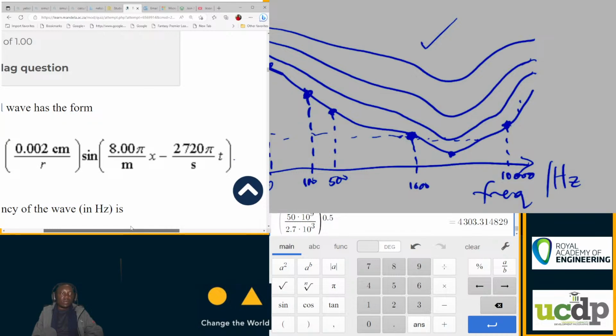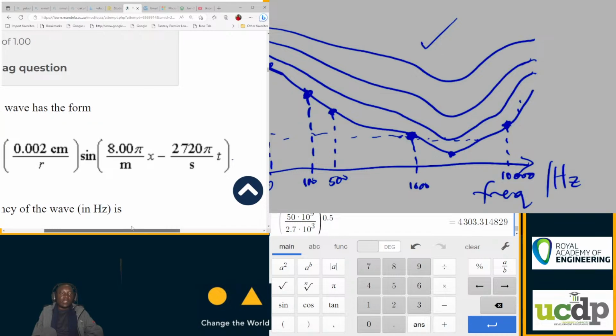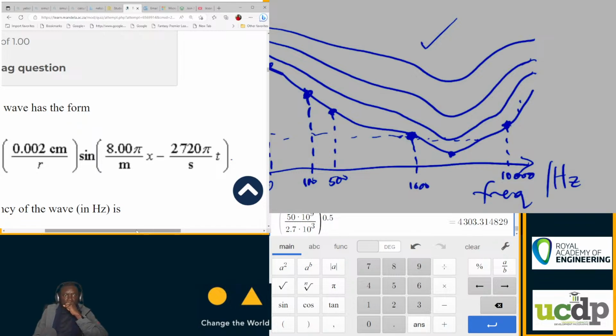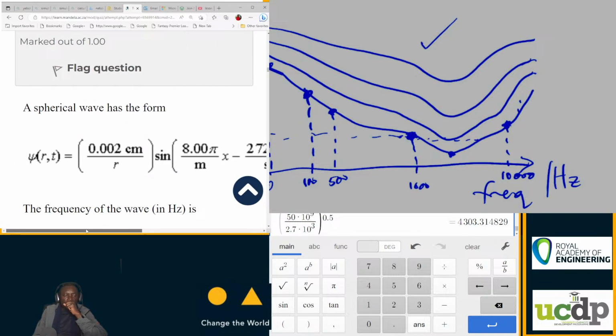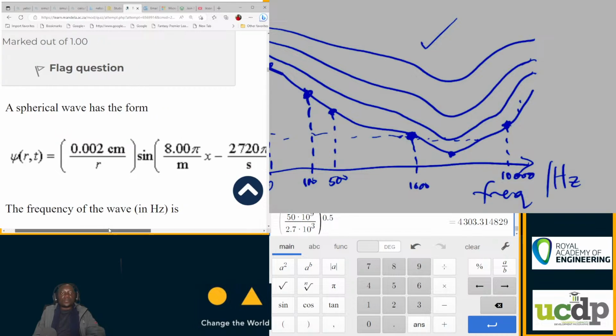The amplitude is 0.02 centimeters, measured as a radial function, and the angle is given by a function in sine of 8 pi x minus 2720 pi t. Now the question is, find the frequency of the wave in hertz.